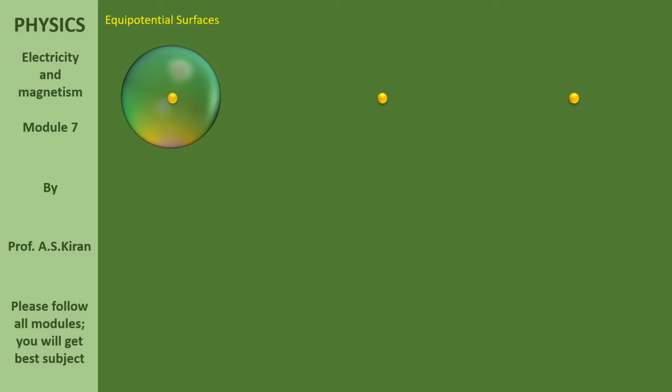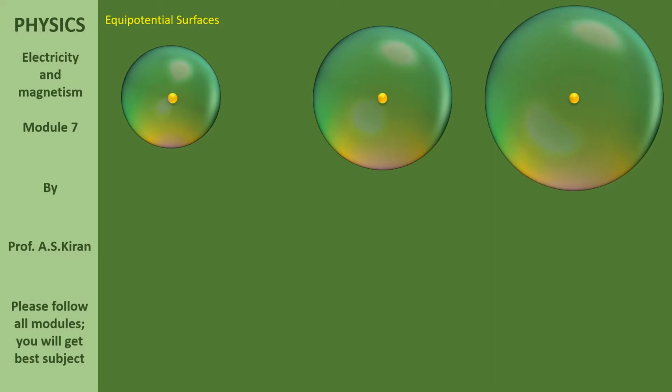Similarly, the second charge has one more spherical surface, and the third charge has another spherical surface. The purpose in taking three spheres is to understand that all the points on a sphere are equidistant from the center.